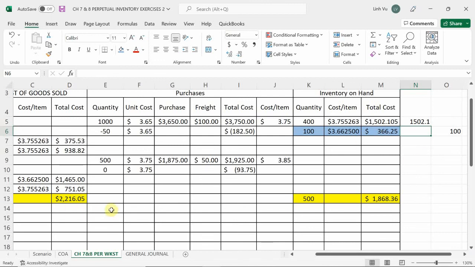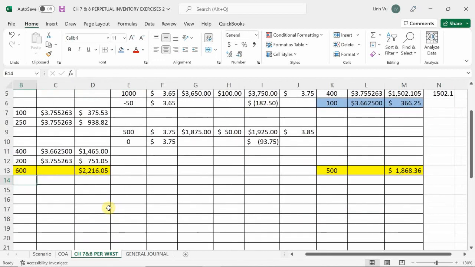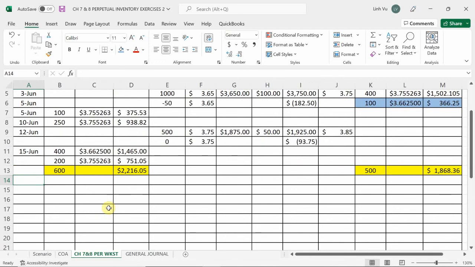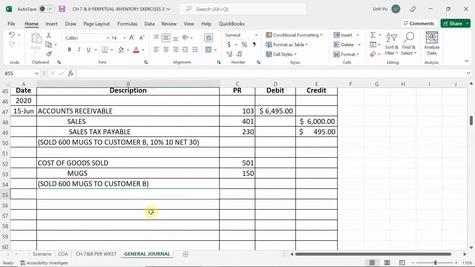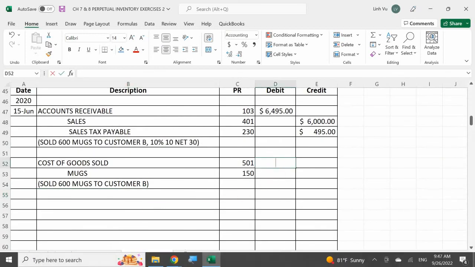So let's see. My grand total cost of goods sold for selling 600 units gave me a total of $2,216.05. Okay, and you sold to customer B.